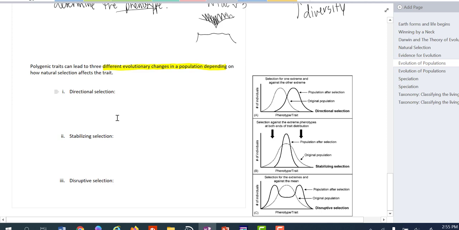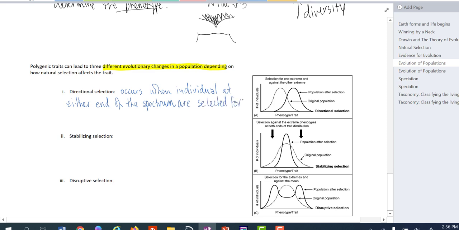The first one is what we call directional selection. Directional selection occurs when individuals at either end of the extreme, at either end of the spectrum, are selected for.